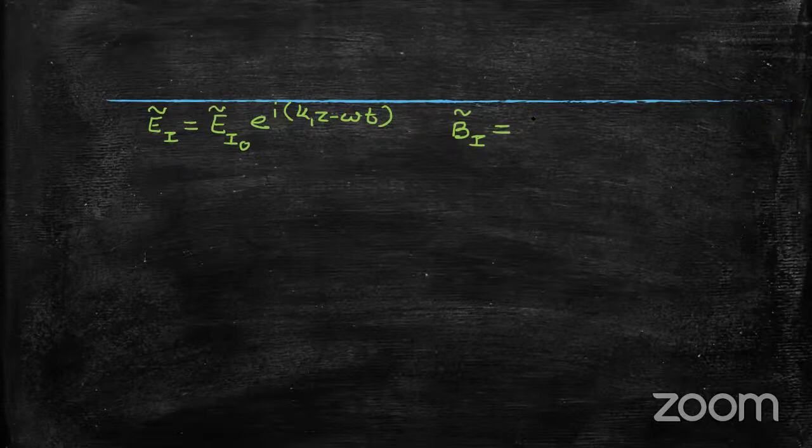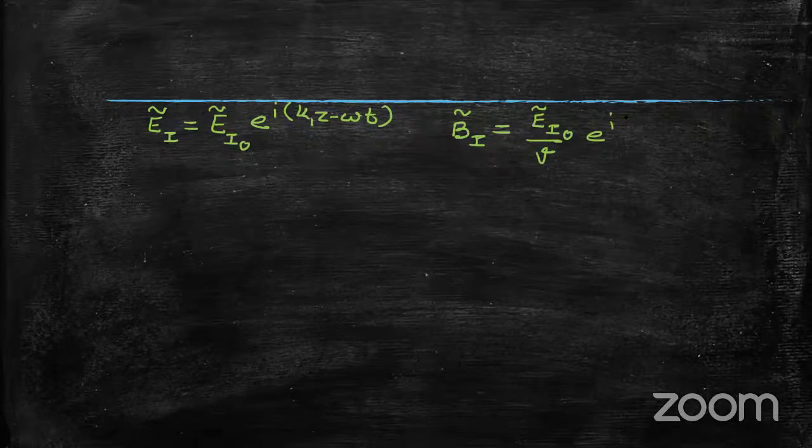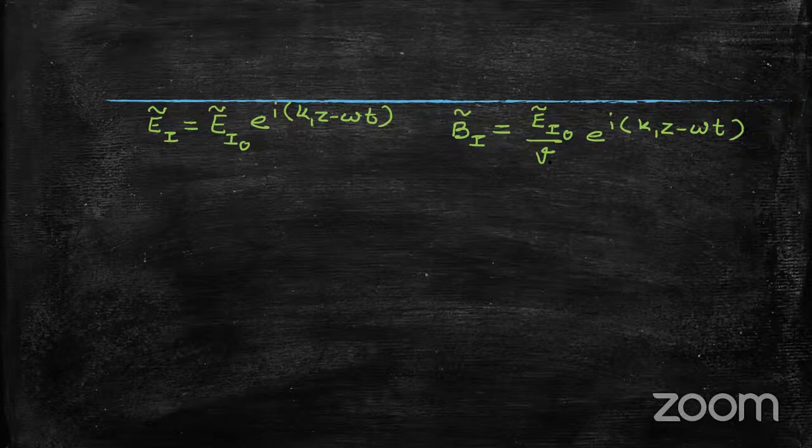We can just write EI0 divided by V1 into e raised to i(K1 z minus omega t), since it is in the same medium traveling in the same direction.